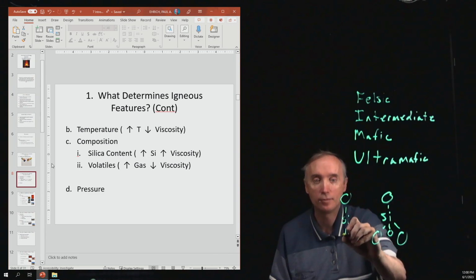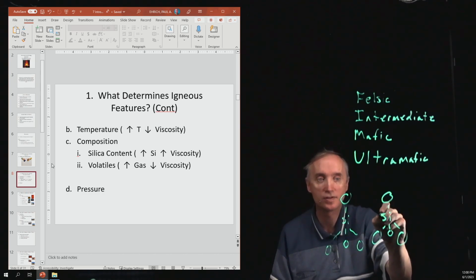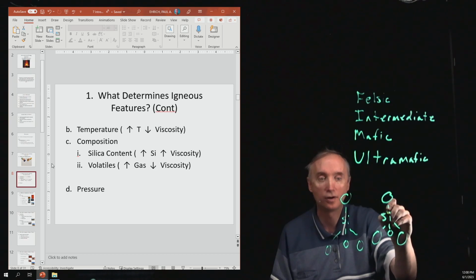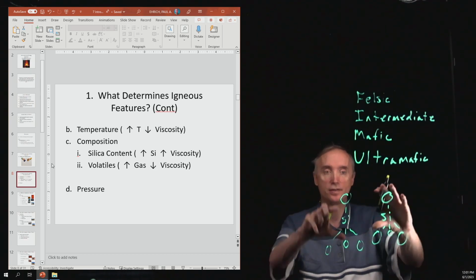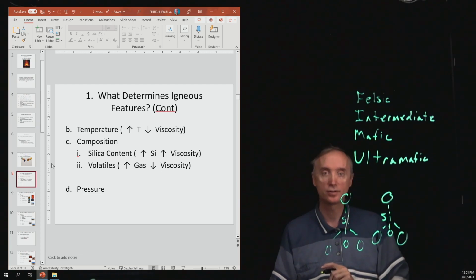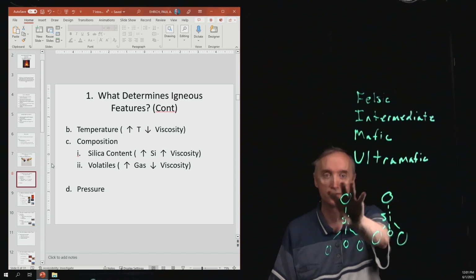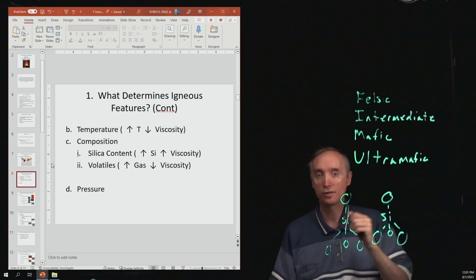Then they want to stick to each other, so that these oxygens are going to see the silicon over here and want to attach to it. So these silica tetrahedrons are going to attach, and that's going to make that particular kind of lava more viscous. So if you increase the amount of silica inside of a magma, that's going to increase its viscosity.